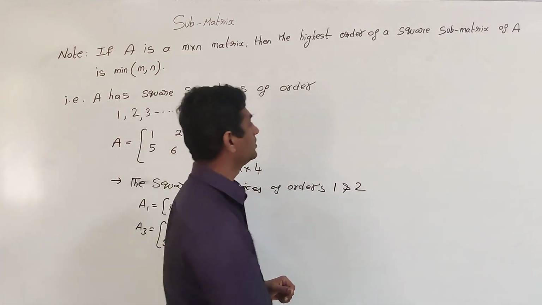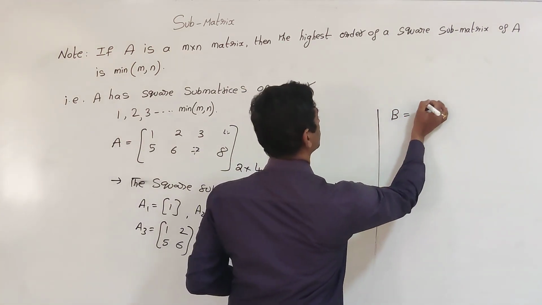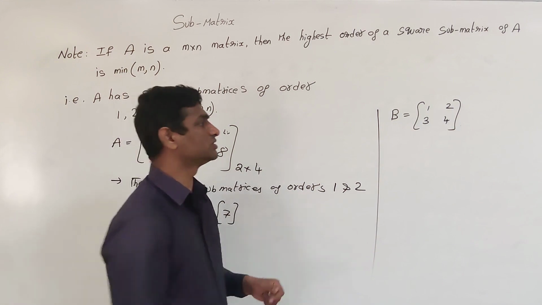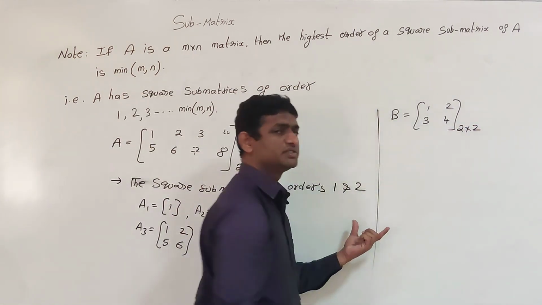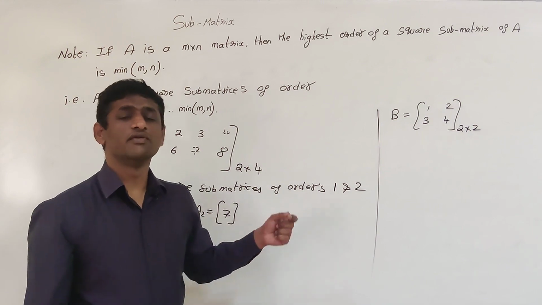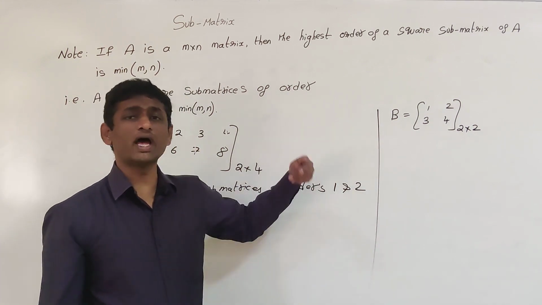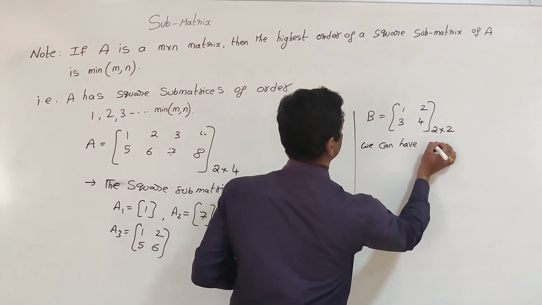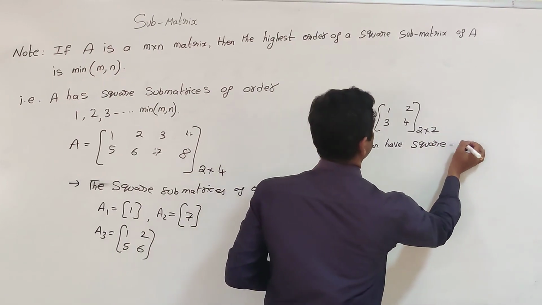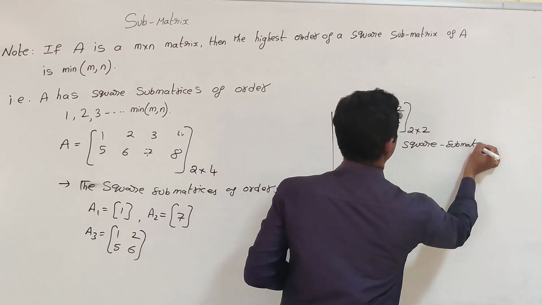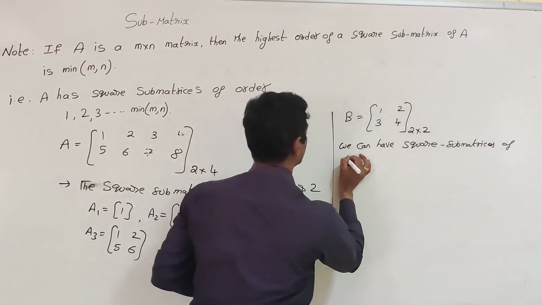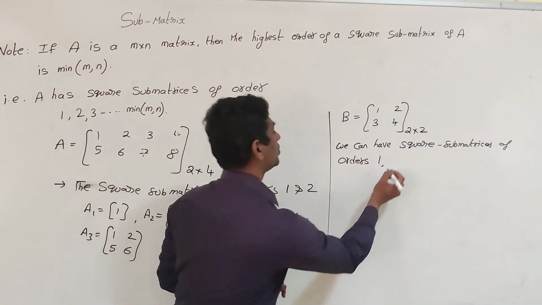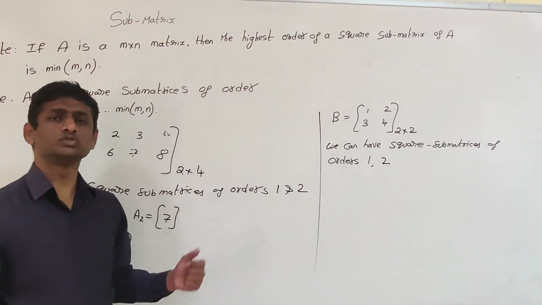Let me have one more example. B is the matrix 1, 2, 3, 4. What is the size of this matrix? It is 2 by 2, and the minimum of 2 and 2 is 2 only. So we can have square submatrices of order 1, that is 1 by 1, and order 2 also, because the minimum of 2 and 2 is 2.